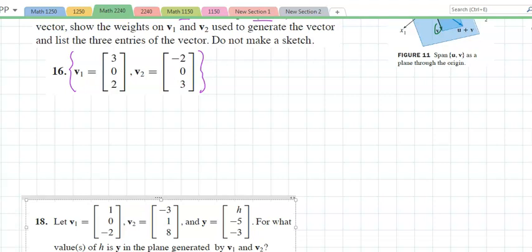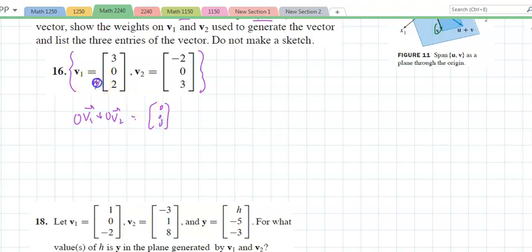So I could say, in the span of those, 0 v sub 1 plus 0 v sub 2. That'll work. Isn't that a vector? Isn't that the 0, 0, 0? Very easy. Multiply this by 0, multiply this by 0, and add them. I could say, take v1 plus 0 v sub 2.